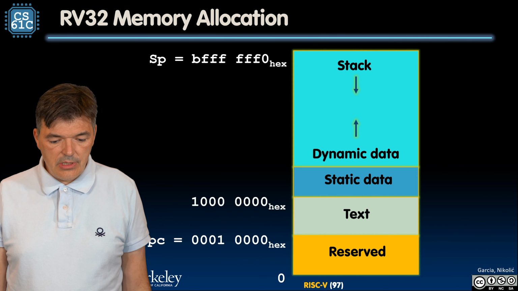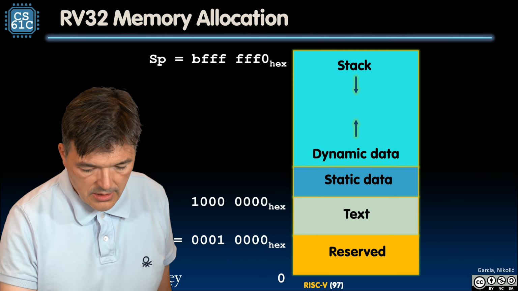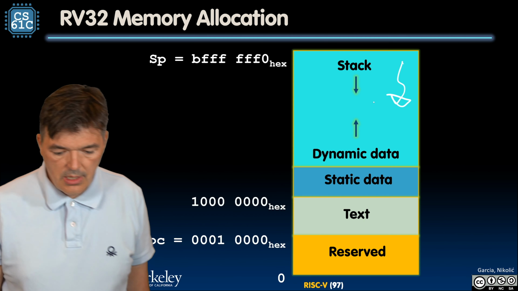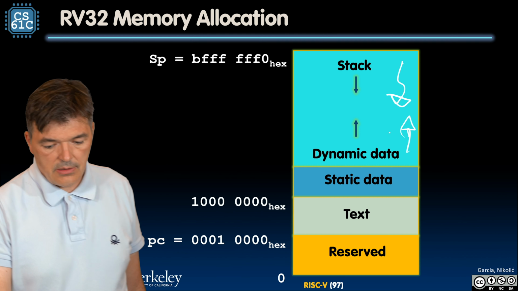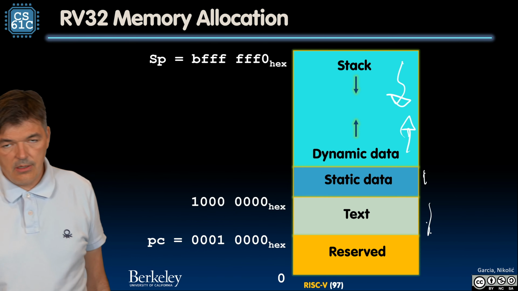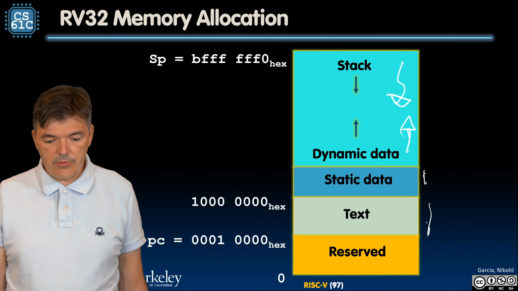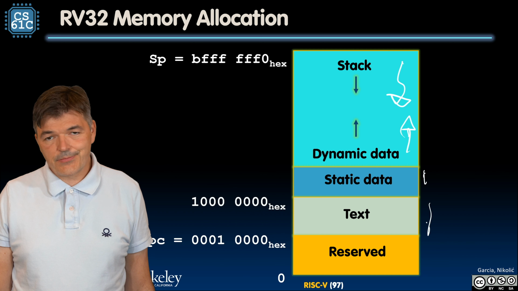Let's see this pictorially. On the top we have the stack going downwards, and dynamic data on the heap goes up. Static data is allocated in the middle, from the address 10,000 hex. What is in the bottom?